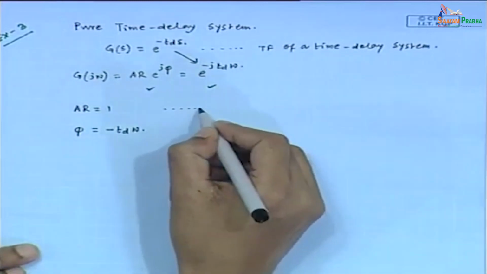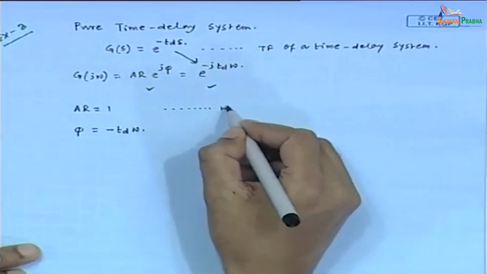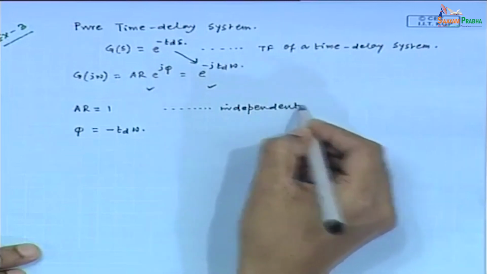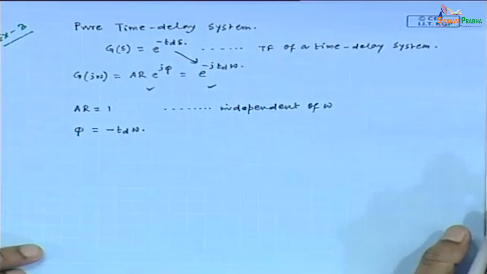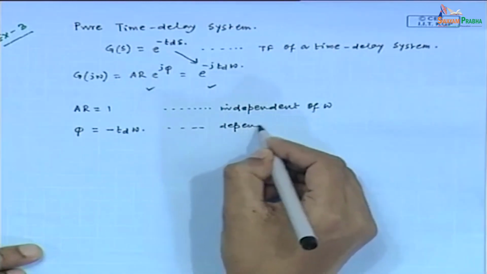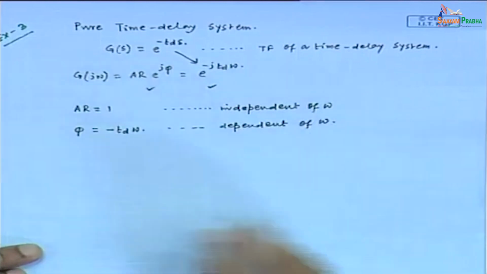So, the expression of amplitude ratio is independent of omega. But phi depends on omega.